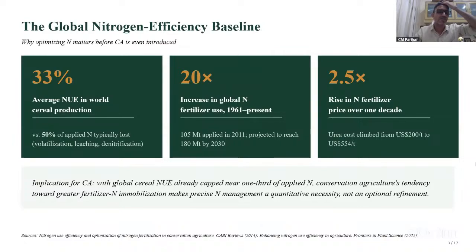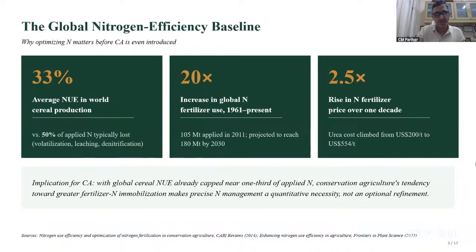So this is about global nitrogen use efficiency. Just to present in slide mode, generally it is considered that 50% of the applied nitrogen gets lost. As per the global data also, we are able to get only about 20 to 30% of the applied nitrogen used for plant uptake.